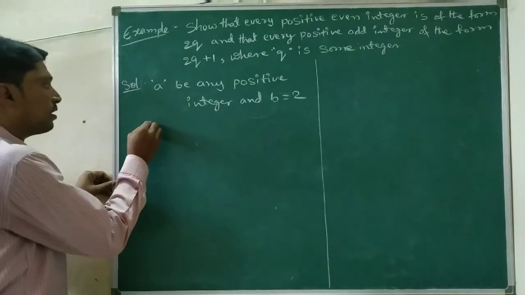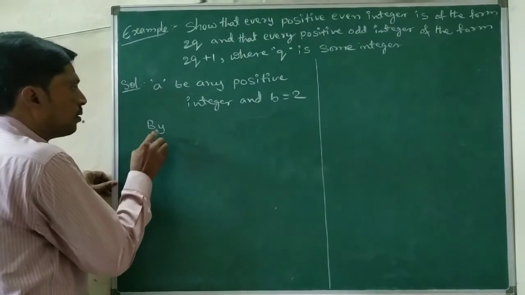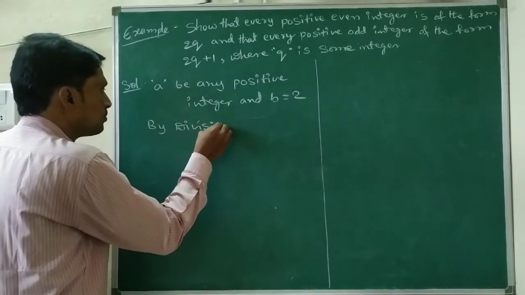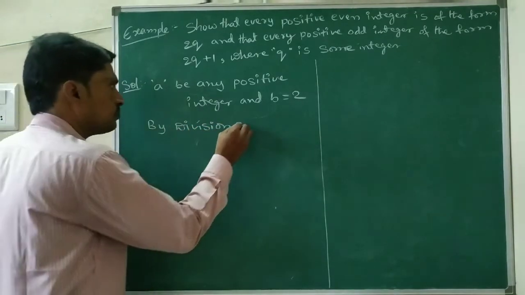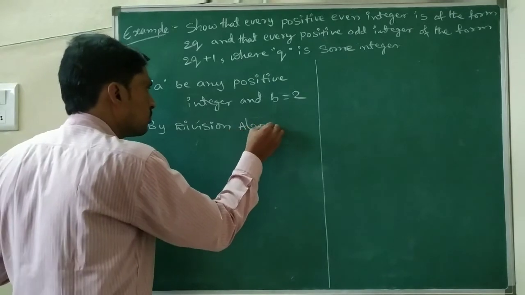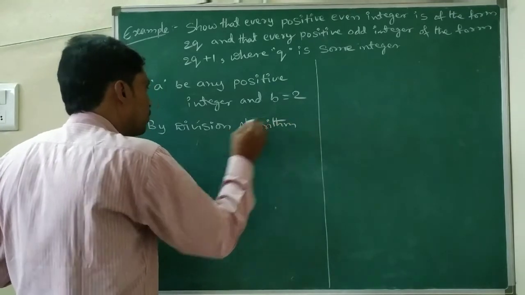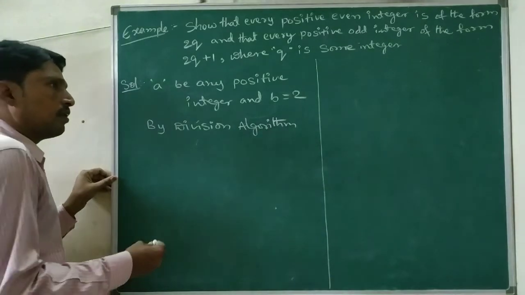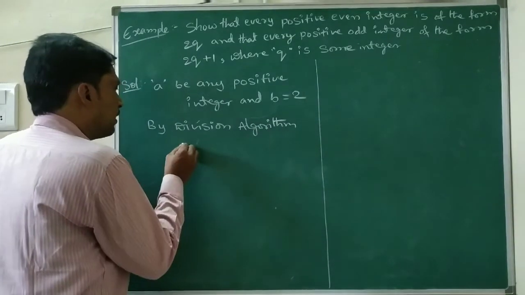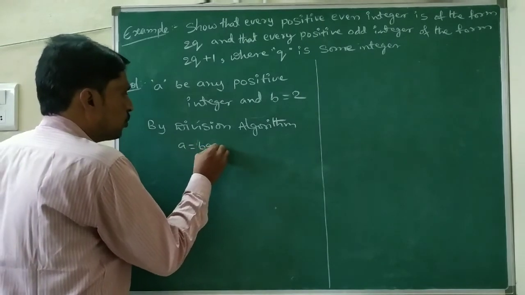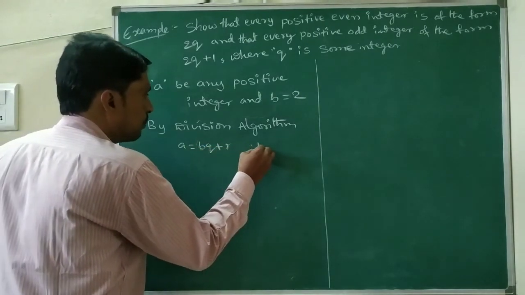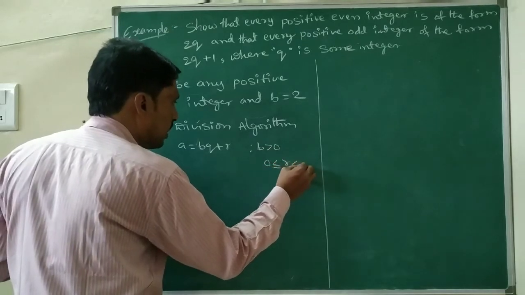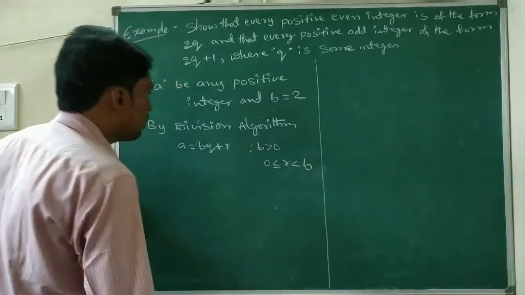By Euclid division lemma or by division algorithm, a equal to bq plus r, where b greater than 0 and 0 less than or equal to r less than b.